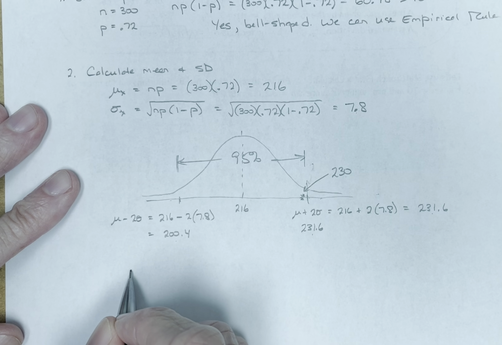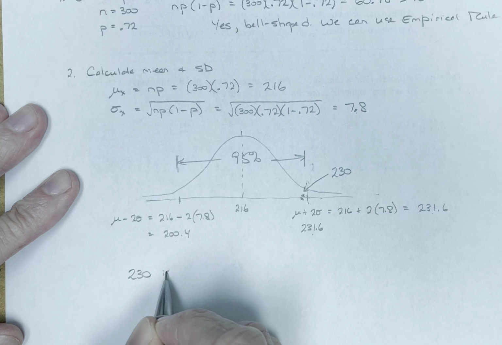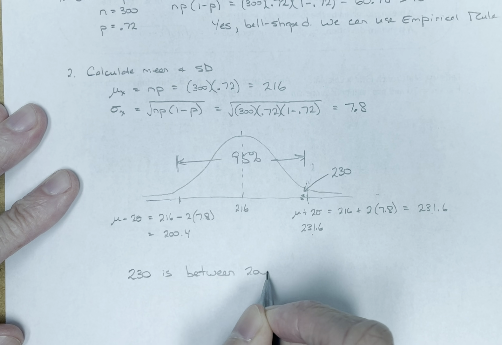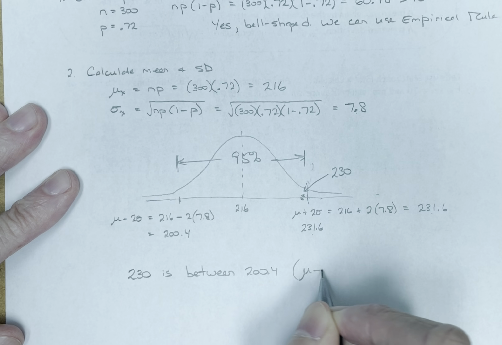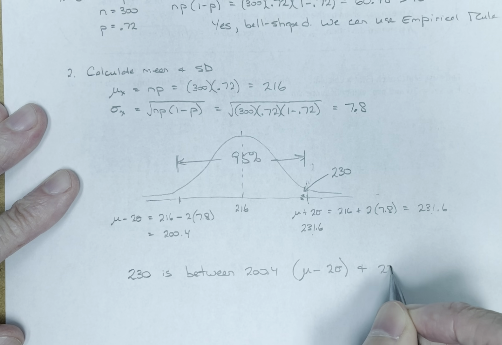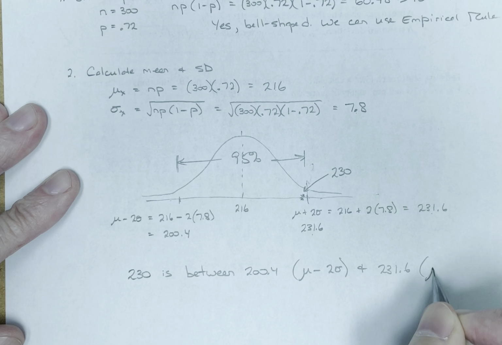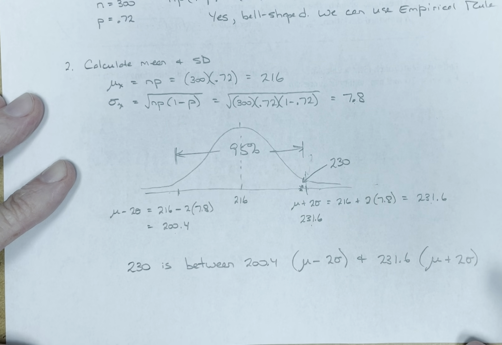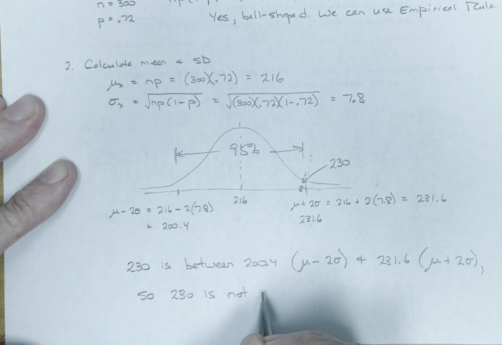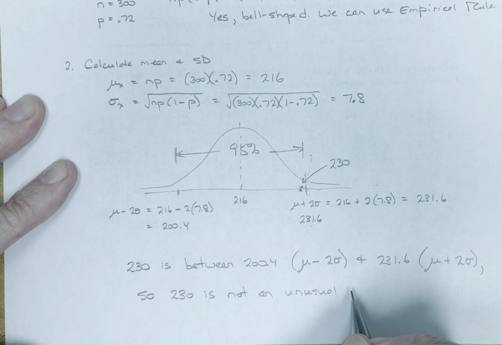So we would say here 230 is between 200.4, which is the mean minus 2 standard deviations, and 231.6, which is the mean plus 2 standard deviations. It's between those two, so 230 is not an unusual result.